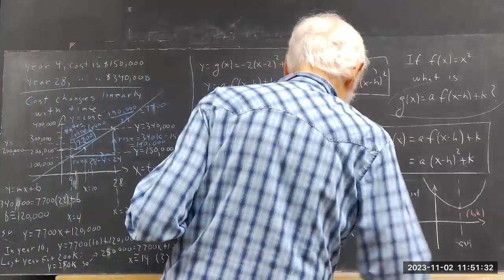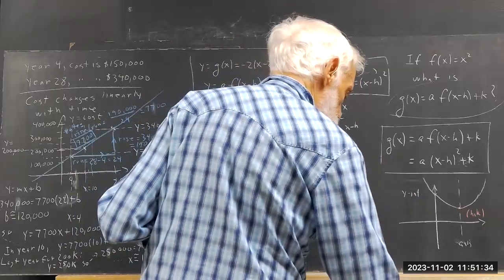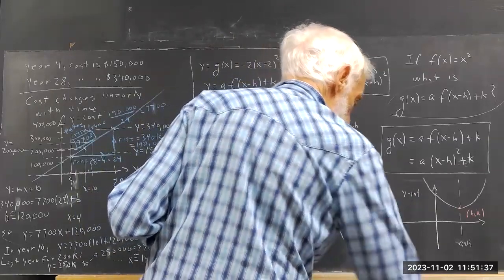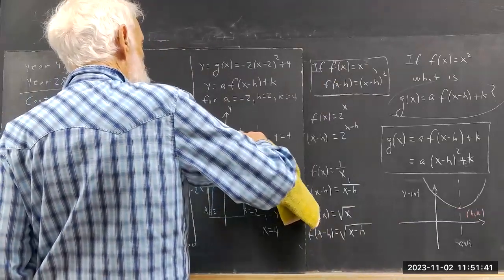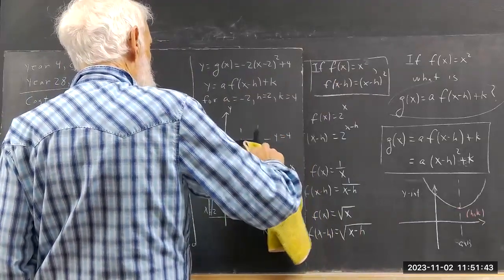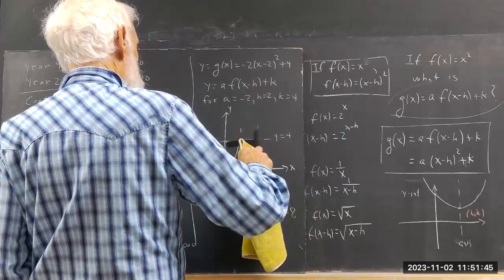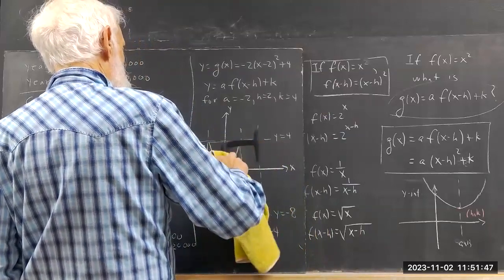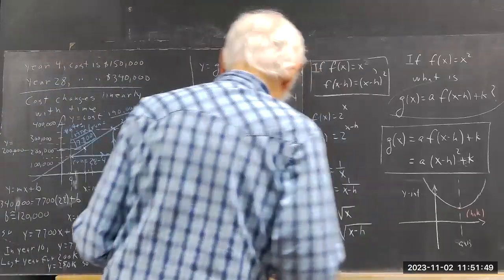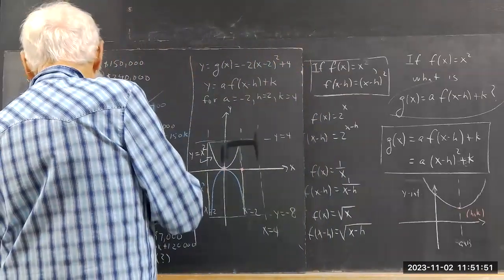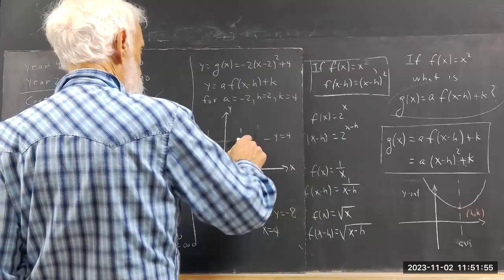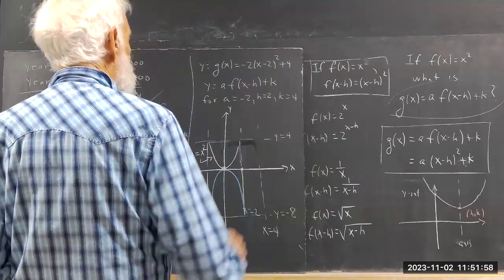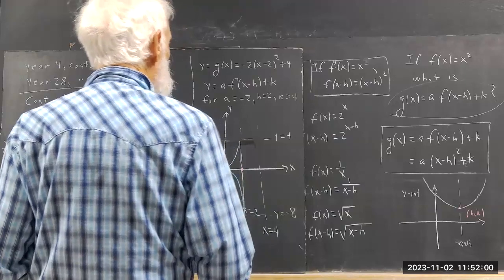Then, okay, want to get rid of this construction. We'll get rid of that too. The graph looks more accurate. Okay. Now we've got to horizontally shift 2 units.